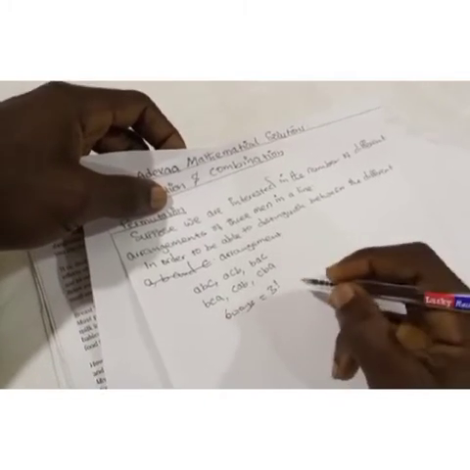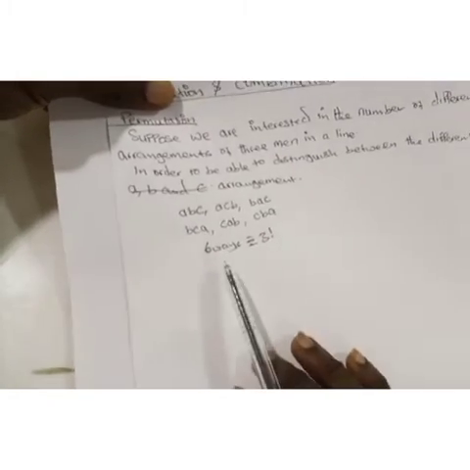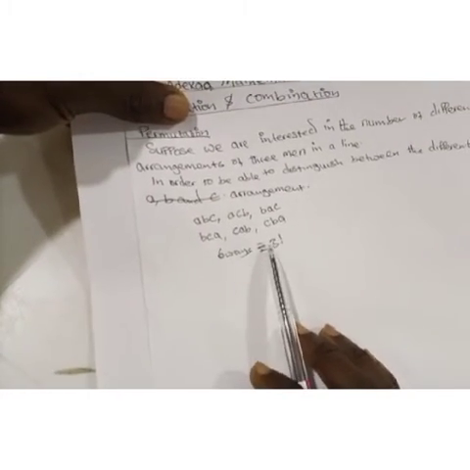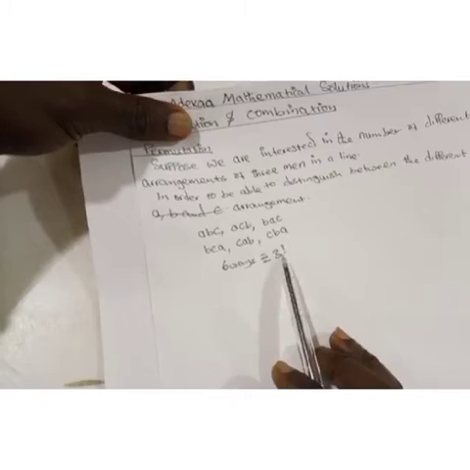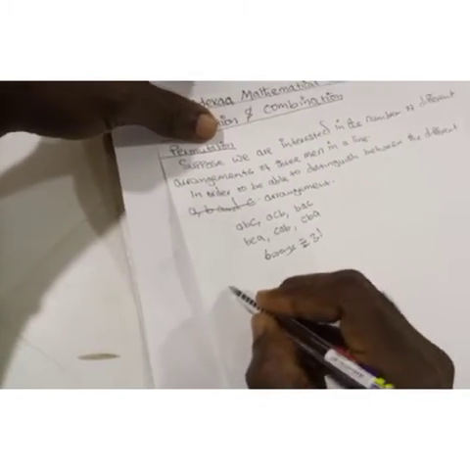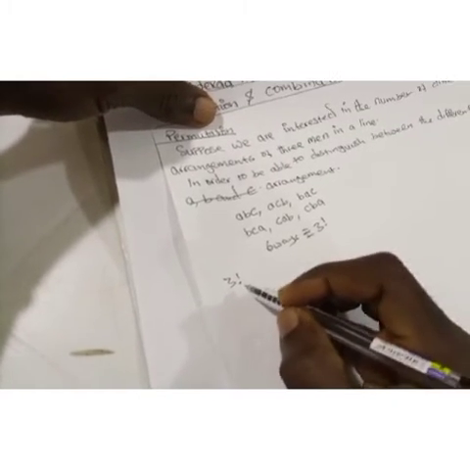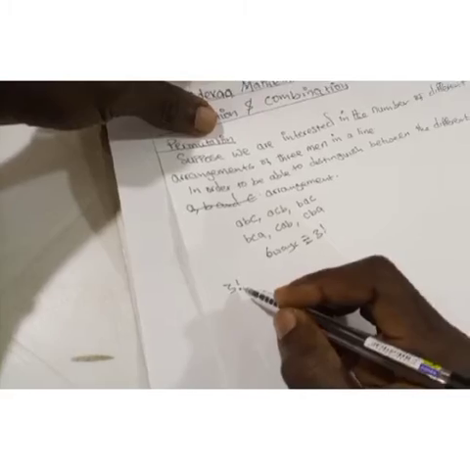The 6 ways is equal to 3 factorial. This symbol, the thing that looks like an I upside down, is called factorial.